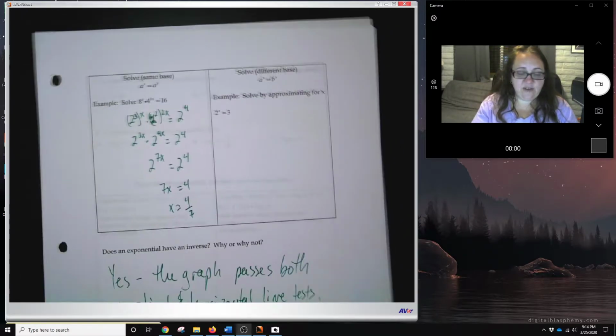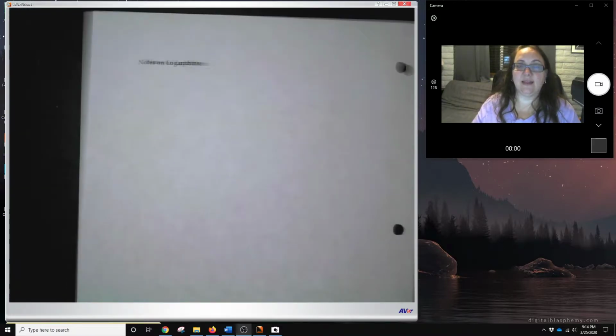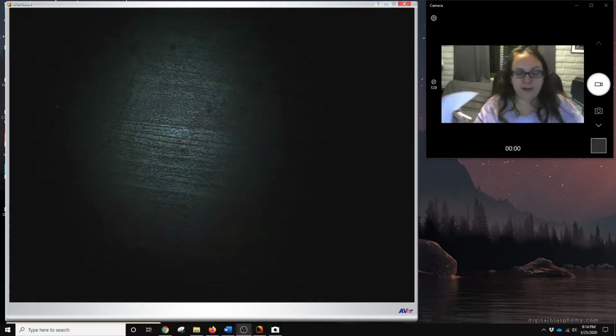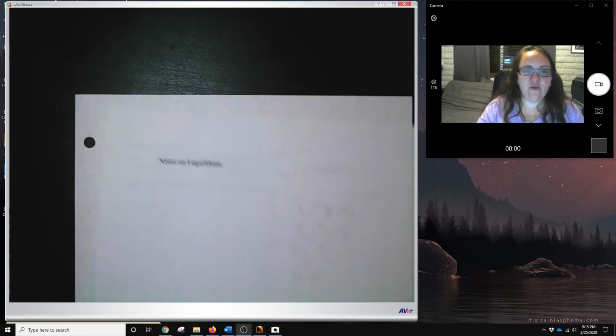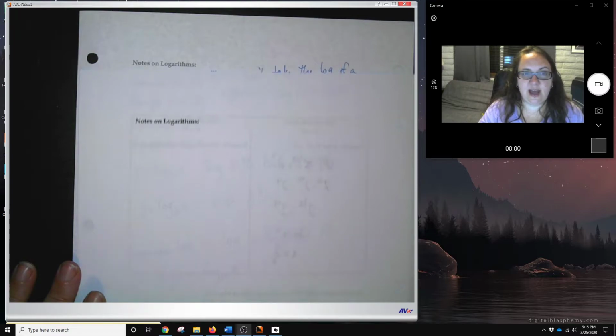Okay, so the inverse of an exponential is something called a logarithm. Now I know that you have probably heard of logs before, but for right now I'm going to pretend that you've never heard about logarithms before, and we're going to start at the top.